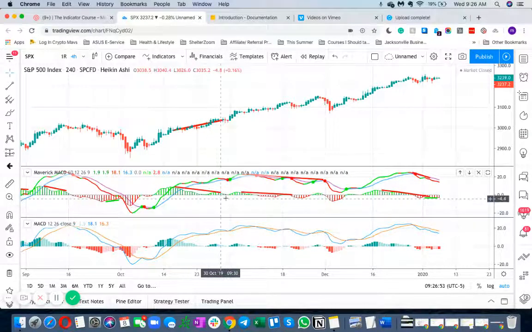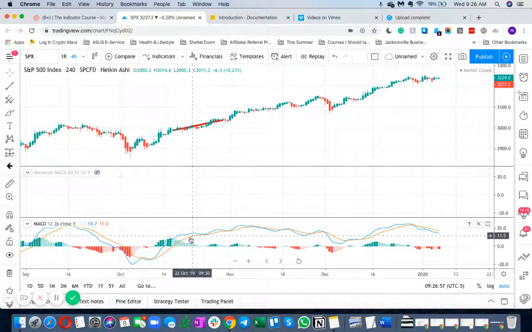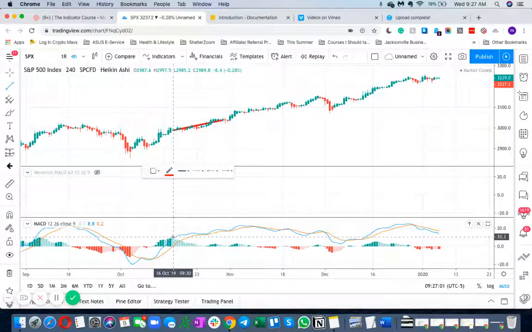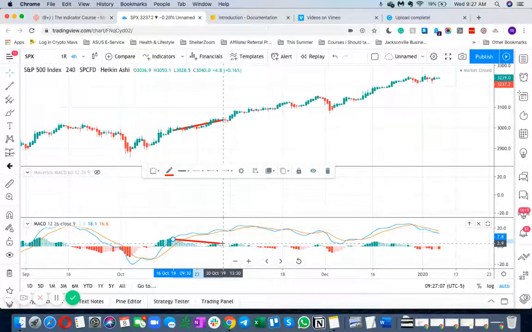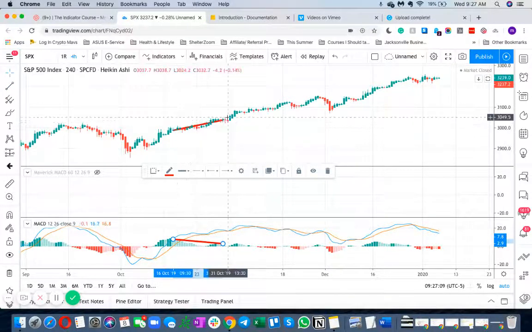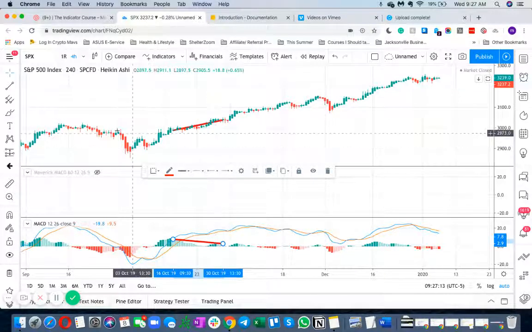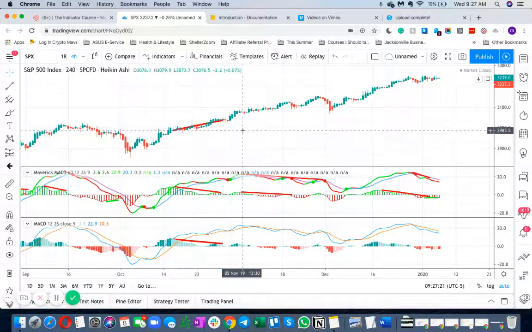Let me close out of this for a second. Our histogram from this point to this point is going lower, where price is going higher. This is considered a bearish divergence, because our indicator is telling us it's going lower and price is telling us it's going higher.